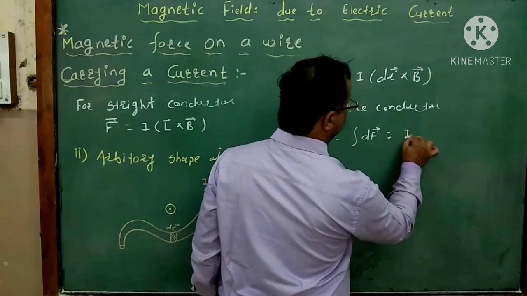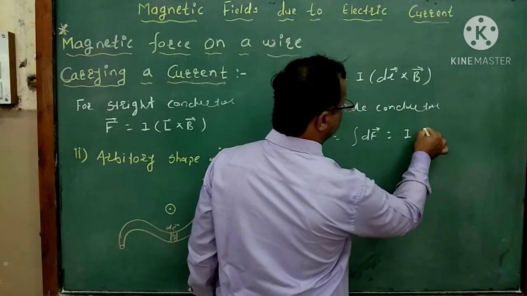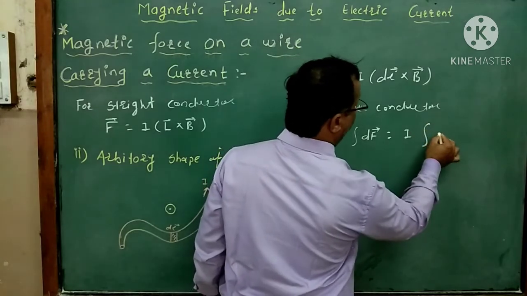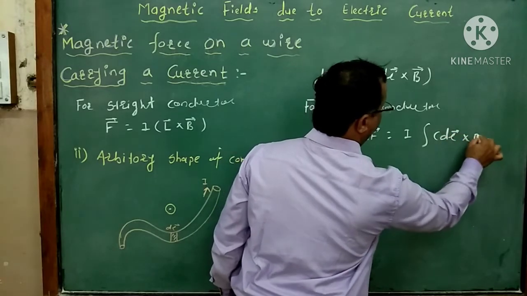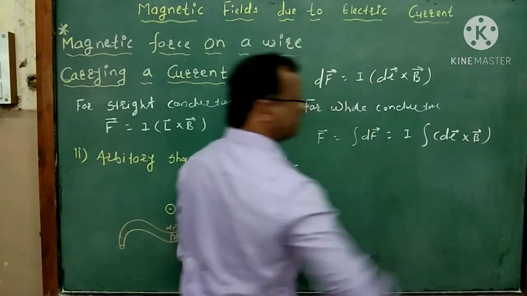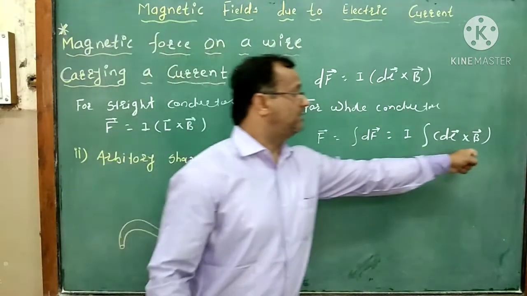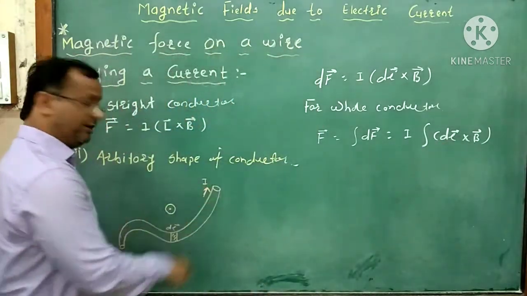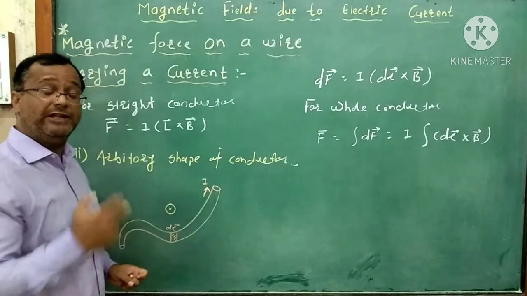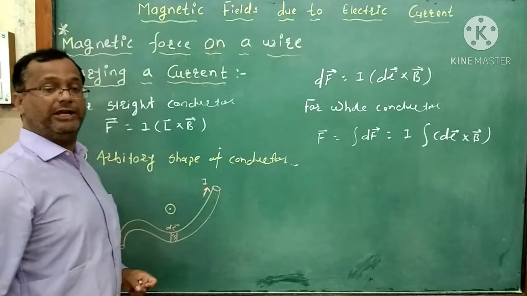So I is as it is. Right? So it is the integration of vector dl cross vector B. But suppose we consider the value of B remains the same. That is, the magnetic field is present, but it is a uniform magnetic field.